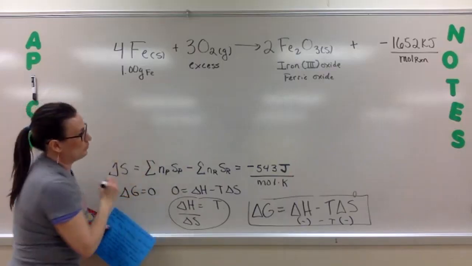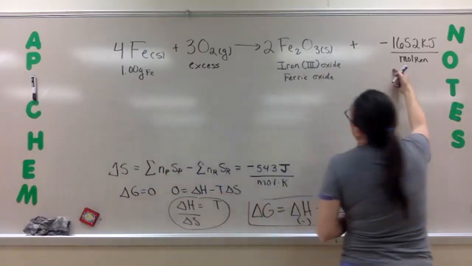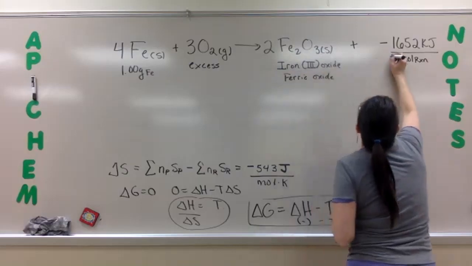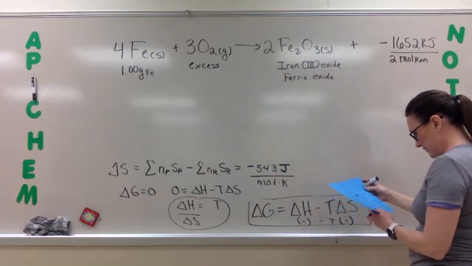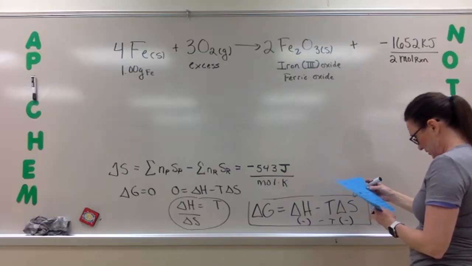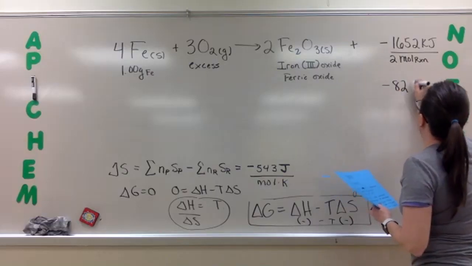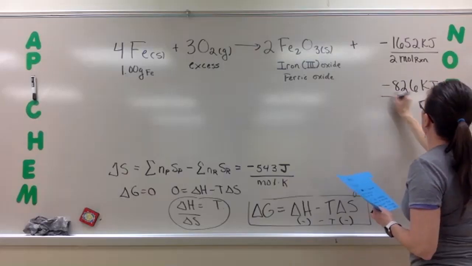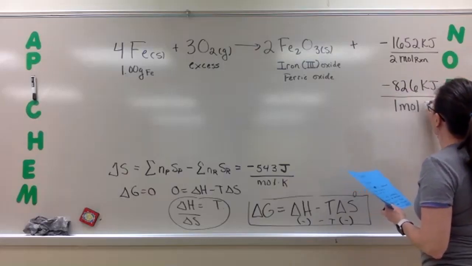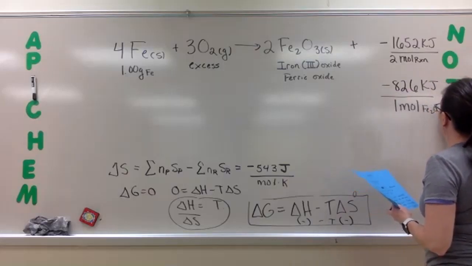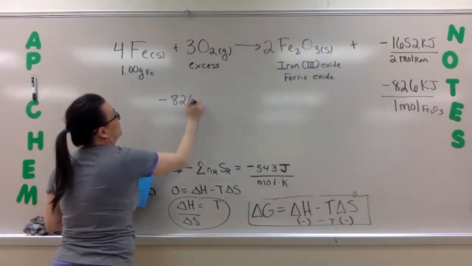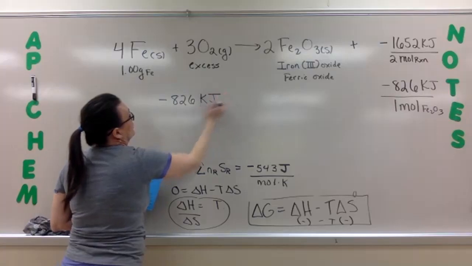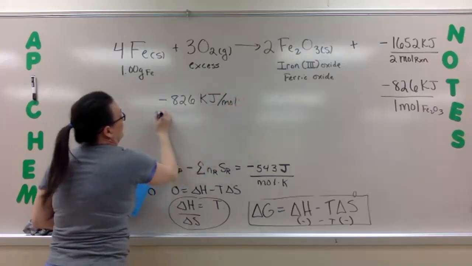So our H was, now be careful, this was actually per 2 moles. So what would it be if I had per 1 mole? Here's what I got. Right there. Negative 826 kilojoules for every 1 mole of this Fe2O3, okay? So that means the delta H is actually negative 826 kilojoules per mole, okay?